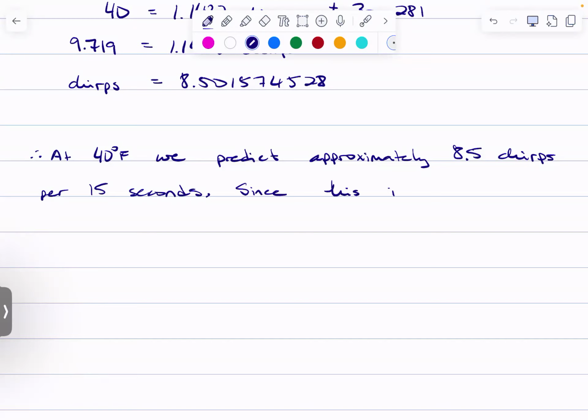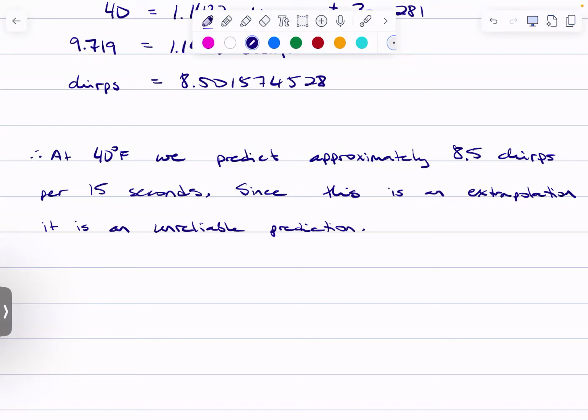Since this is an extrapolation, it is an unreliable prediction. That's all I need you to take away from this exercise.